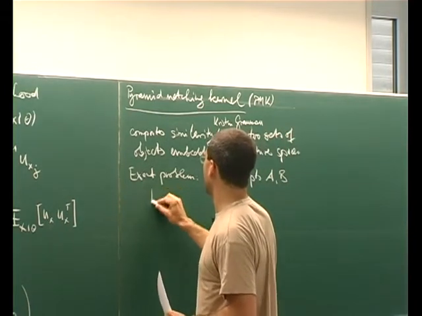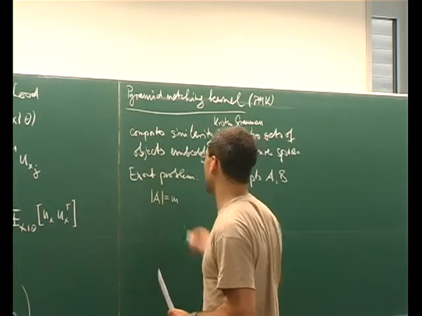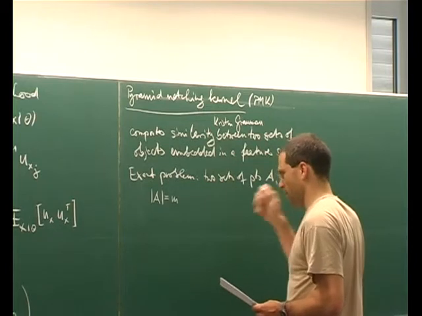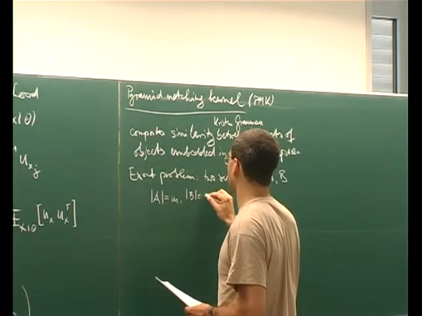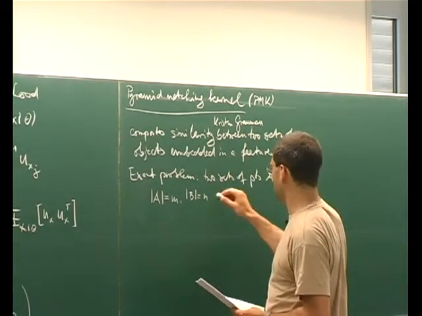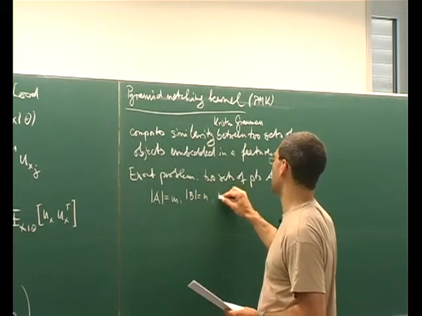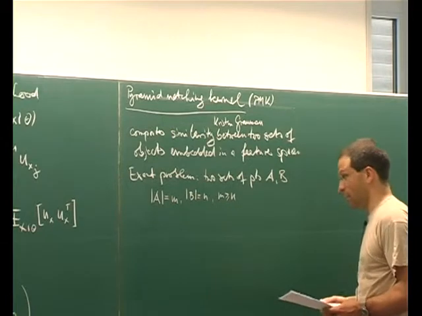And let's say that the set A has a cardinality m. We have m points, and we have n points in set number B, with the first set being larger than or equal to the second.